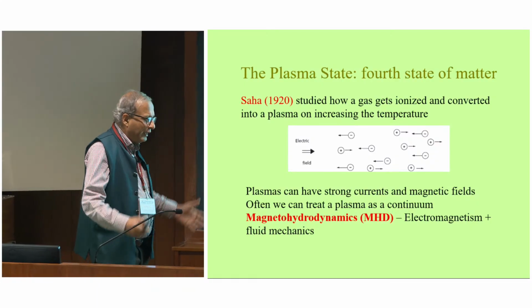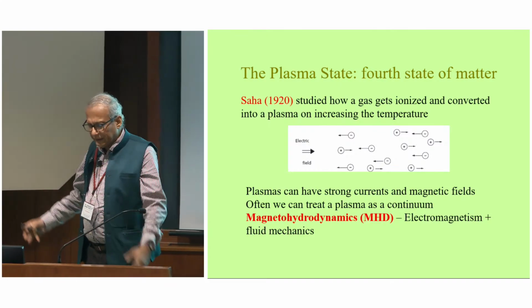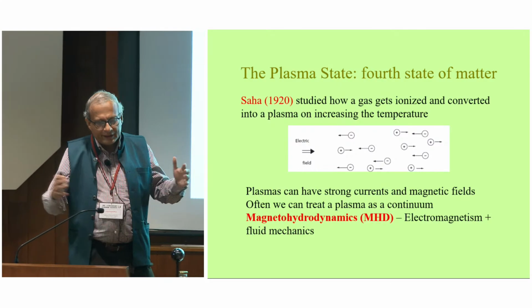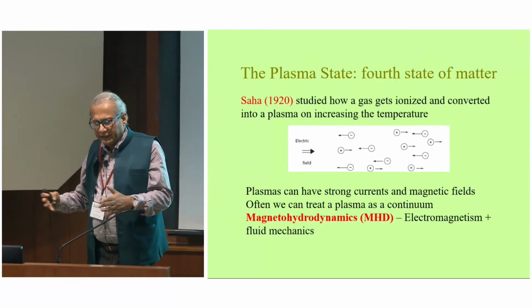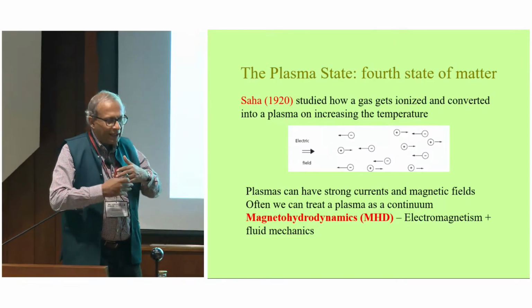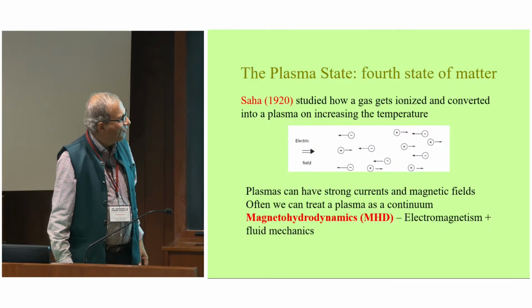And even though the plasma is made up of many particles, ions and electrons, for many purposes a plasma can be regarded as a continuum, just like the air in this room. Even though it is made up of many molecules, when we study air flow, we often treat the air as a continuum fluid.